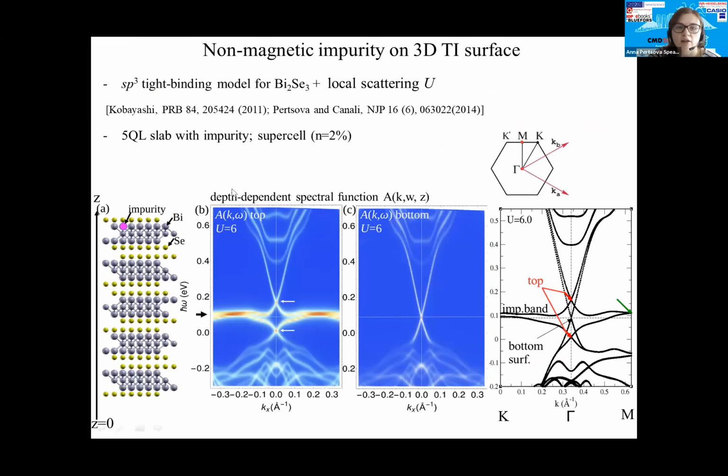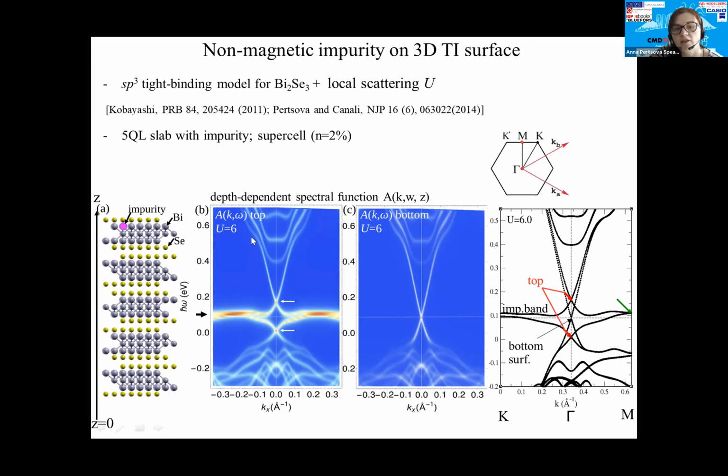So we take a multi-orbital tight-binding model for a typical topological insulator, take a thin film, and put an impurity on one of the surfaces of the film. These graphs show the calculated spectral function resolved as a function of the distance from the surface where the impurity is located.